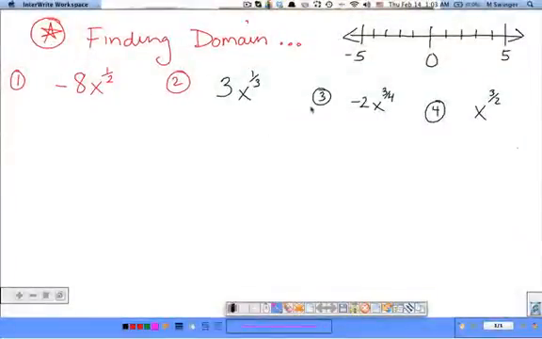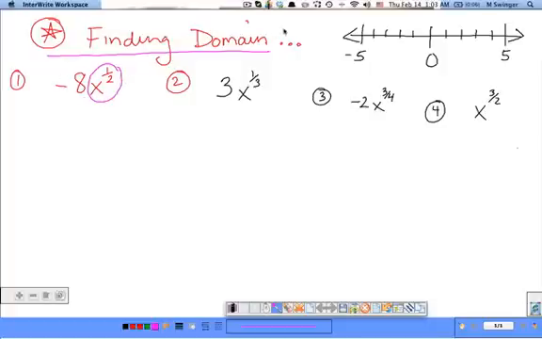So I made up some of my own problems for finding domain. Write this down. This is what people miss the most right here. How do you find the domain of all these weird looking functions? So number 1, how do you find the domain of negative 8x to the 1/2 power? Well, what I like to do is say, okay, what does x to the 1/2 mean? The negative 8 doesn't matter.